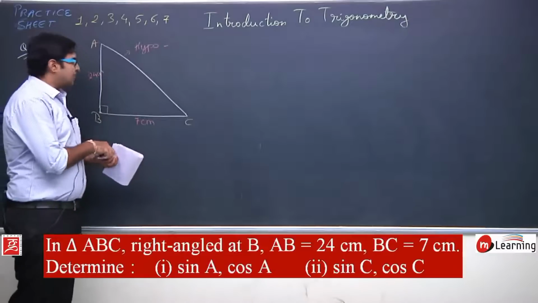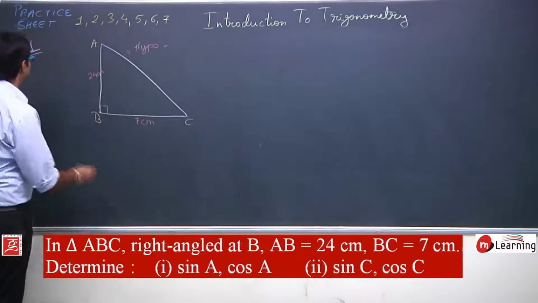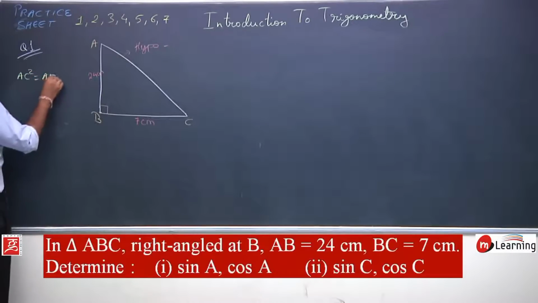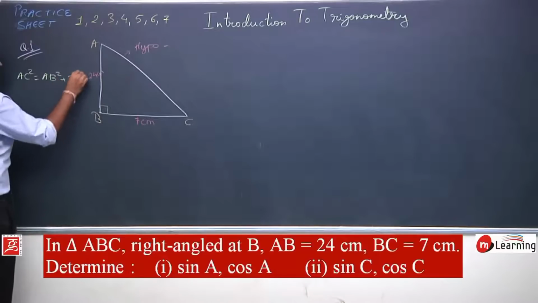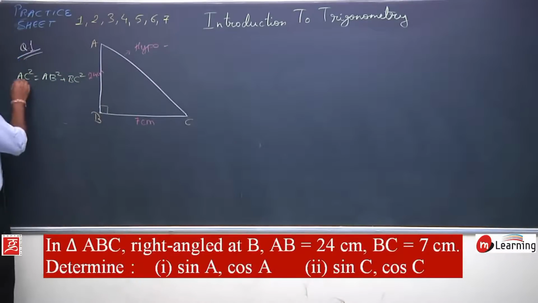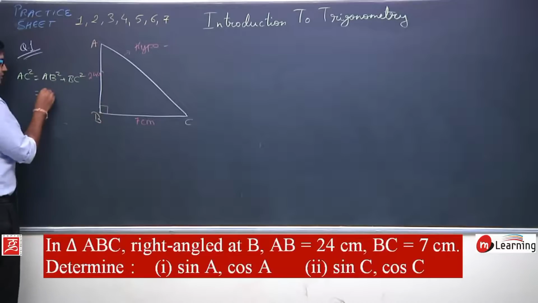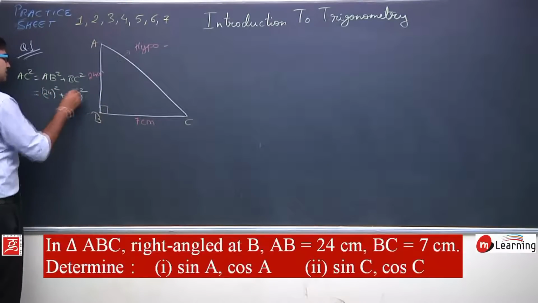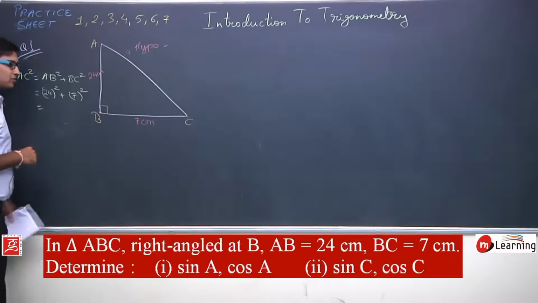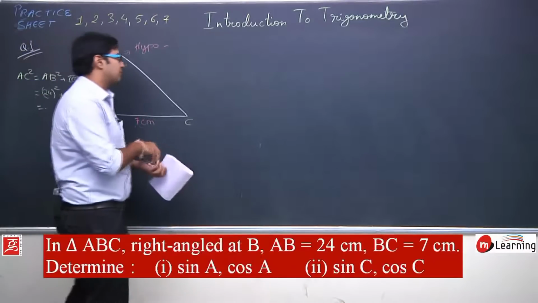To calculate the value of the hypotenuse, I will simply apply the Pythagoras theorem, that is AC square is equal to AB square plus BC square. This is the simple Pythagoras theorem. So AC square is equal to AB square, that is 24 square, plus BC square, that is 7 square. What is the square of 24? Just calculate it.